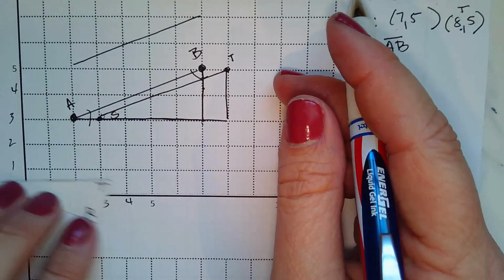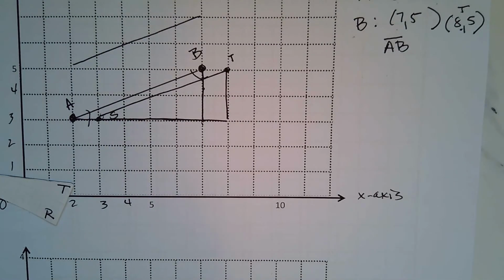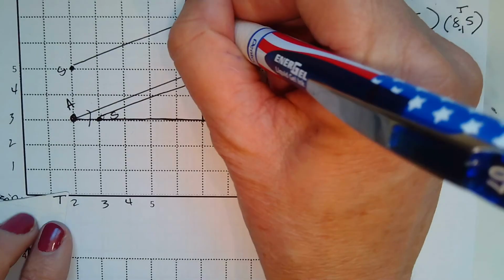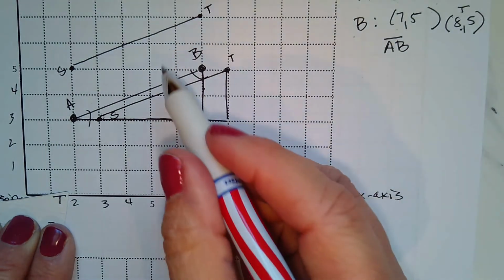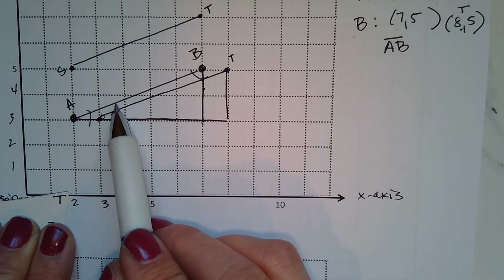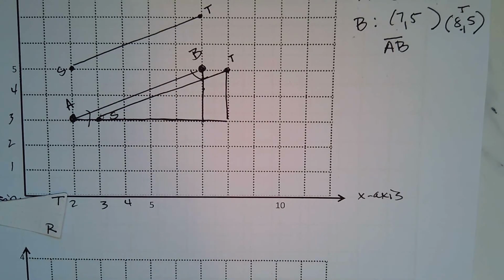Okay, so I created another parallel line. So here I'm going to call this ST. Is ST parallel to AB? Well, how do you know? Well, you kept the base parallel to the x-axis while you were sliding up.